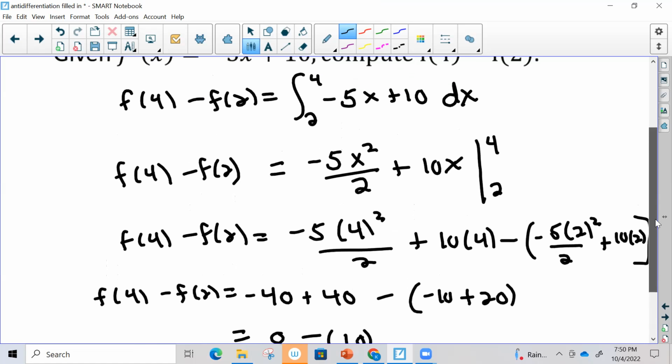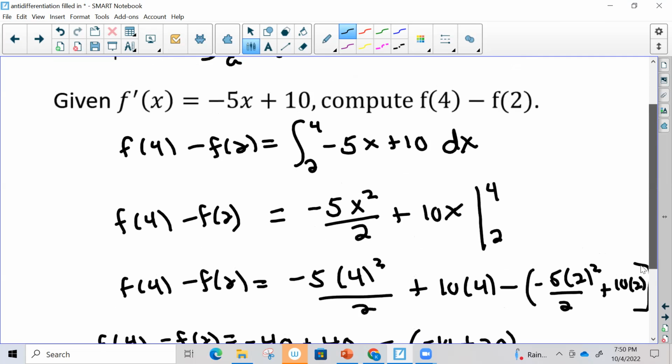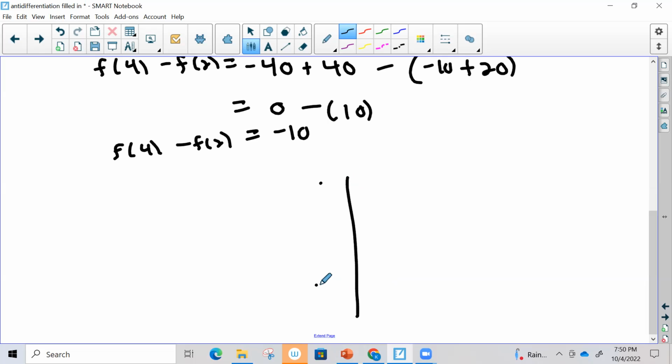And that means that, I mean, you could graph it to see as well, but if you have negative 5x plus 10, I'm just graphing that line. We said from 2 to 4.